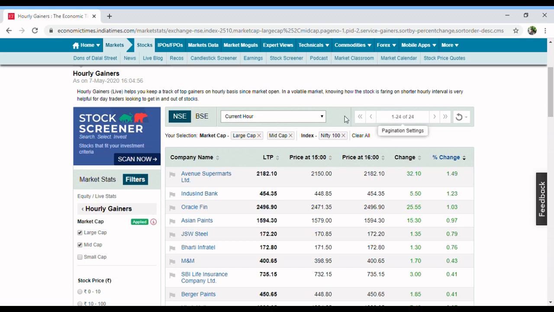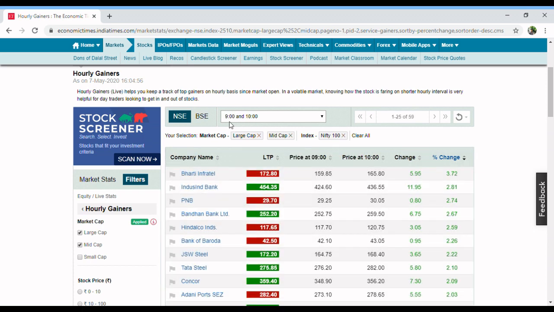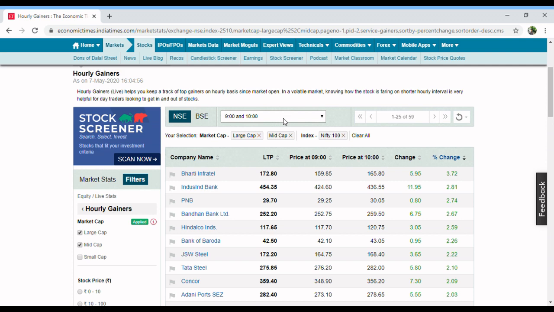Here you can see the current hours, and I will be selecting the hour 9 to 10. You should do this scan at 10 a.m. in the morning. While doing this scan, make sure that Nifty is trading at least 0.20% on either side. Based on that, you choose either the gainers or the losers.